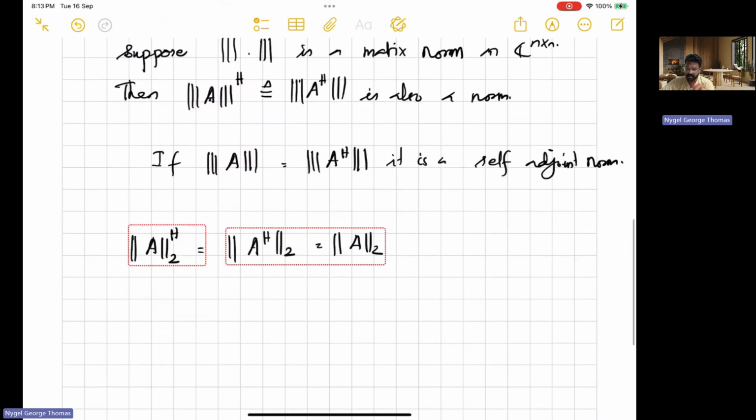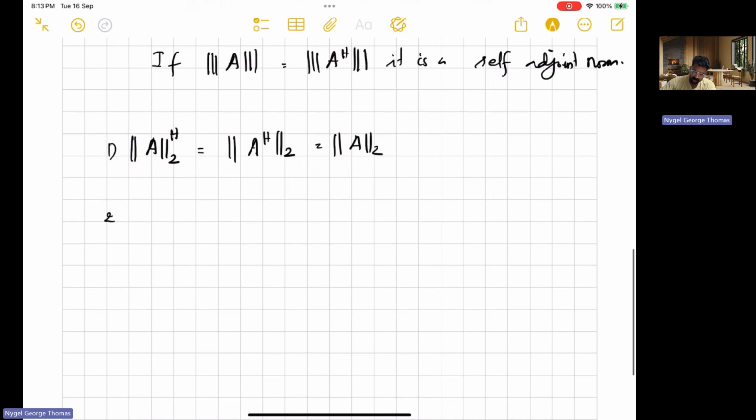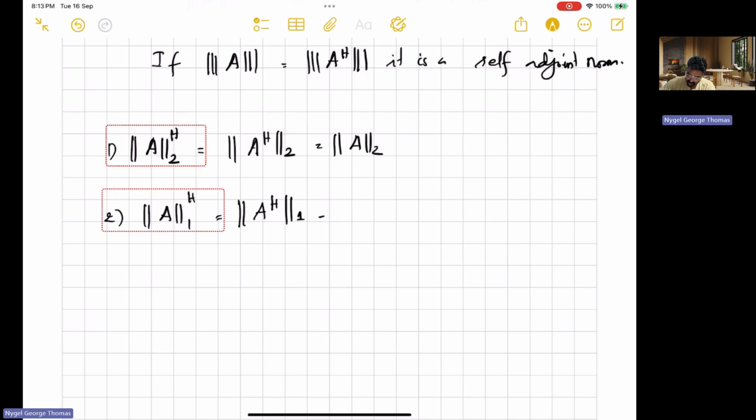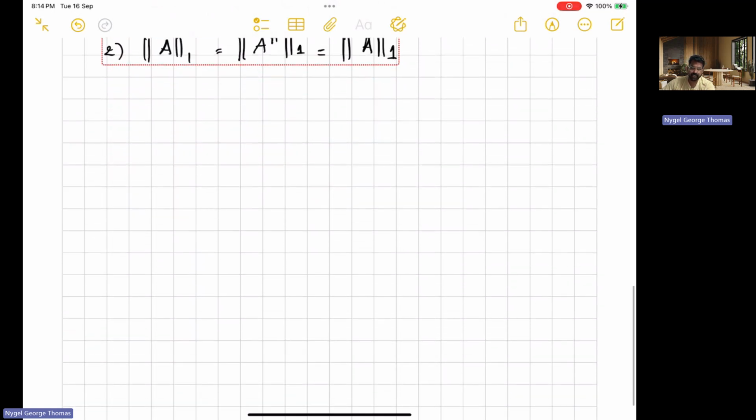We're just taking individual elements. So this is self-adjoint. Now let's take another case, the L1 norm. The L1 norm of A Hermitian is the same as the L1 norm of A. Here also we're taking the individual elements of the matrix, taking the modulus and adding them all together. Fine, they're the same.